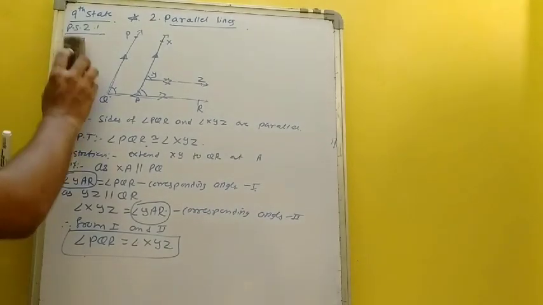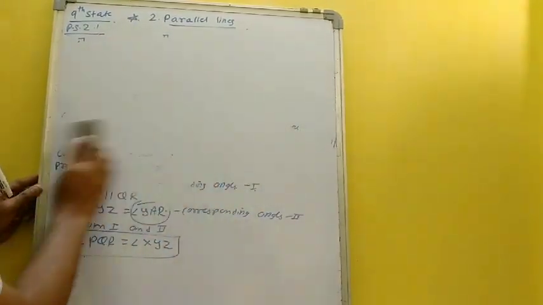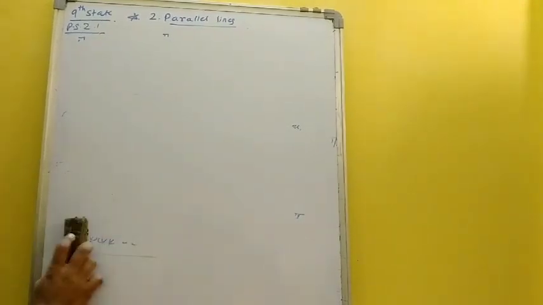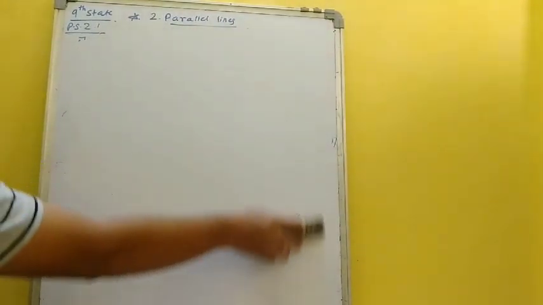Okay, this was the fourth question. I hope you understand what is corresponding angle, what is alternate angle, what is interior angle, what is linear pair.